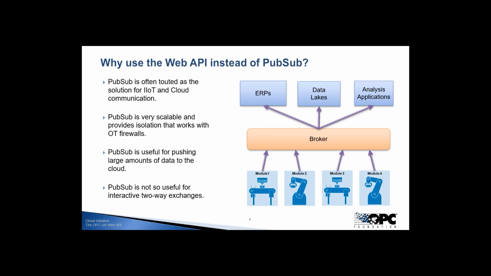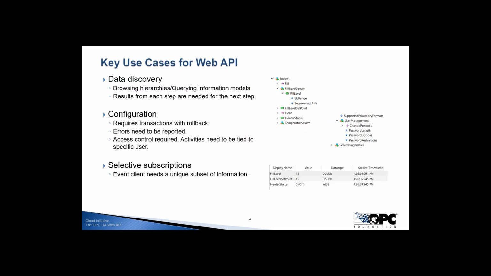It's not so useful for interactive two-way exchanges, which is why so much of the cloud-based communication is based on HTTPS and JSON today, because those kinds of exchanges make up a large bulk of the kind of traffic that has to go on.